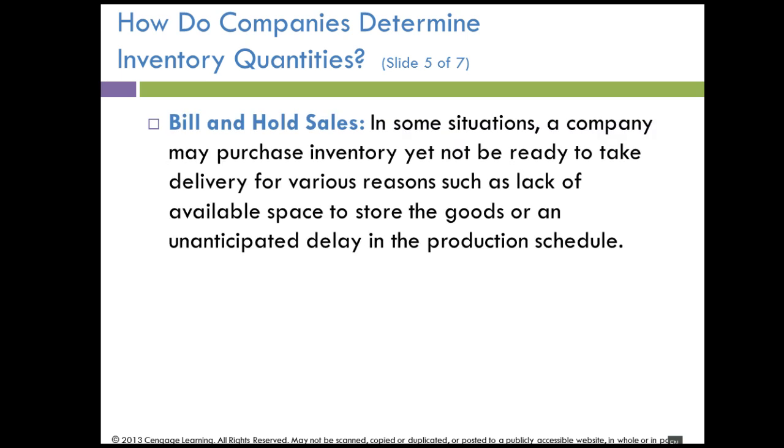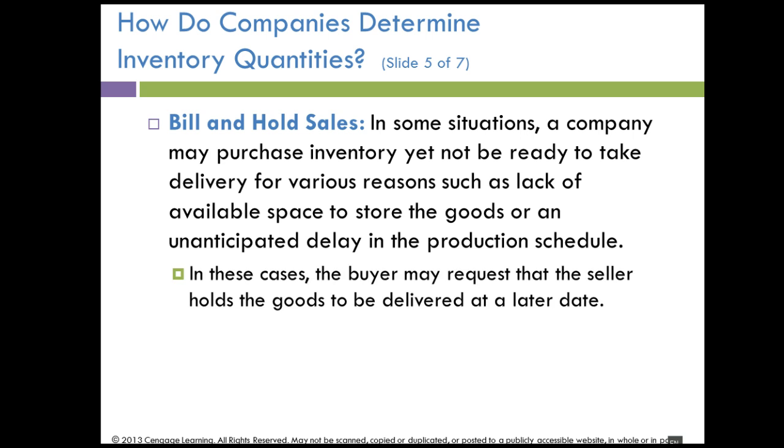Now, various quantities of inventory. How do companies determine these quantities? Sometimes they will create something called a bill and hold sale. Basically, the company purchases inventory but isn't ready to take delivery for certain reasons. They might not have enough space, or based on their production, they're not ready for that production at that time.